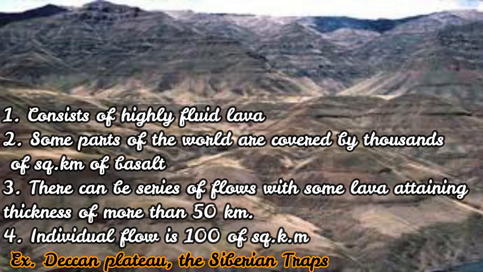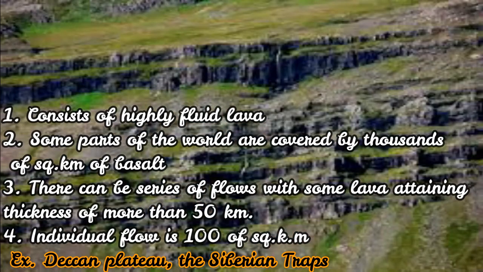These are formed by an eruption or series of eruptions of large volcanic episodes that cover vast stretches of land or ocean floor with flows of mafic igneous rocks. That means the basaltic lava flow. So we can say that it has formed due to the movement of highly fluid lava.